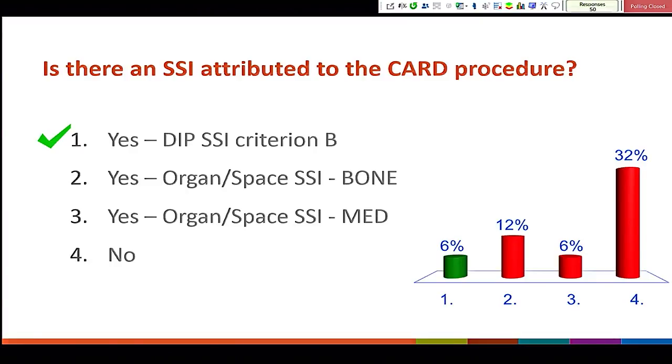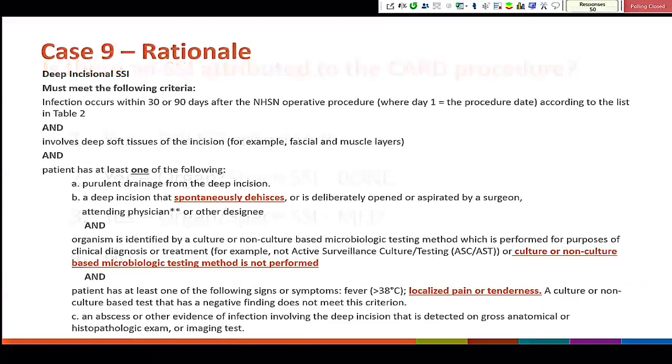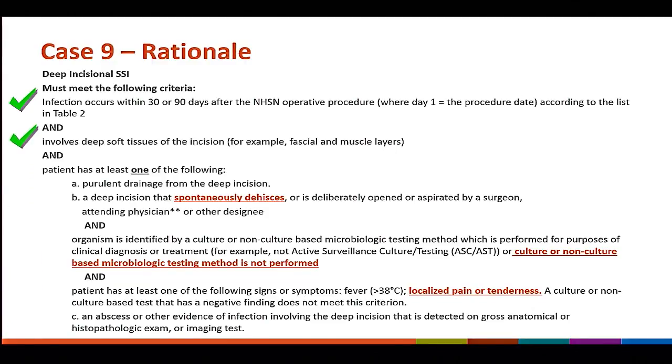There's multiple moving parts here, and we're going to talk about it because this is a realistic case. This is actually a deep incisional primary SSI that meets criterion B. And let's talk about it. We know that it occurs within the appropriate surveillance period for a deep incisional. The deep tissues are involved.